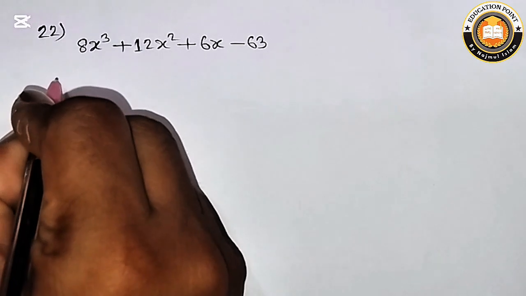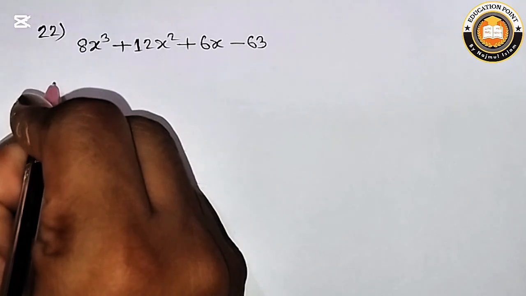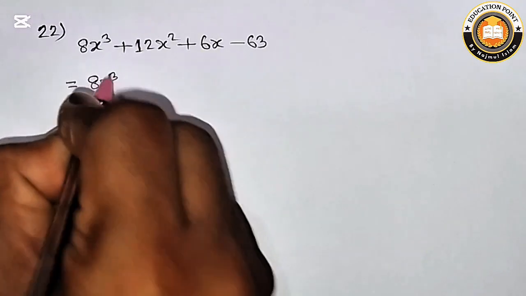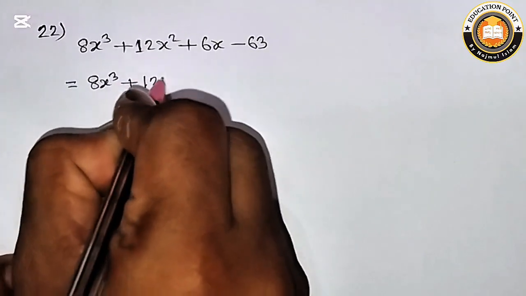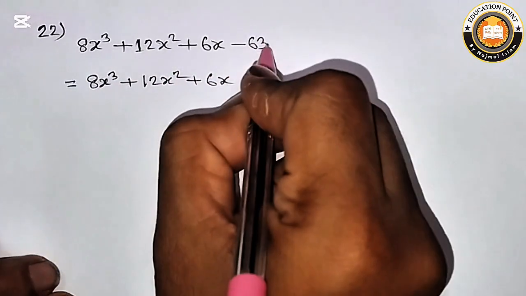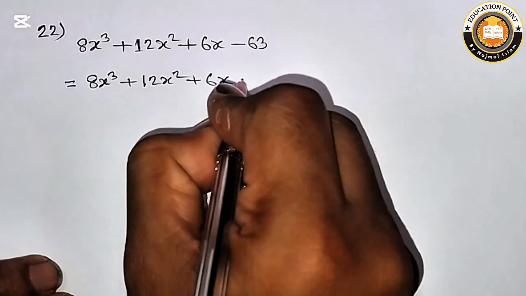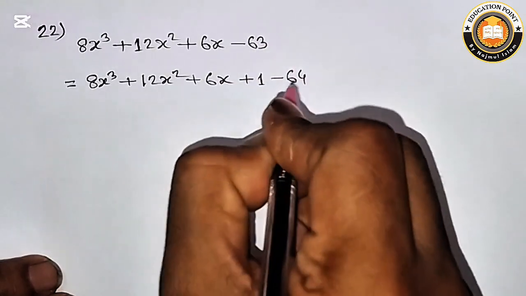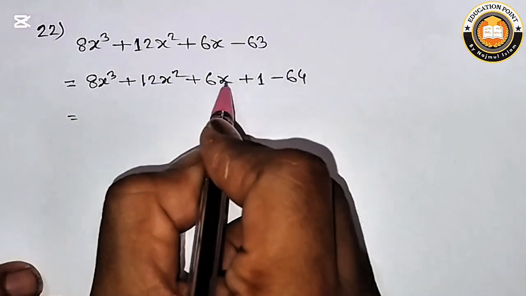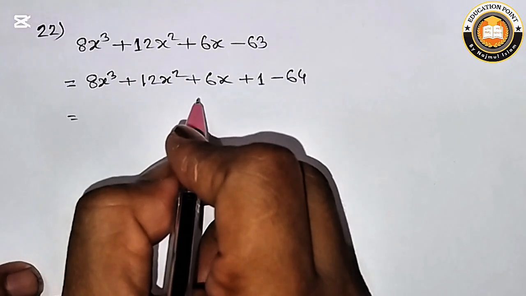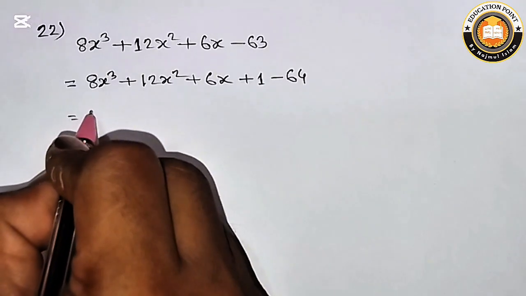Number 22, 8x cube plus 12x square plus 6x minus 63. 8x cube plus 12x square plus 6x minus 63 modify as plus 1 minus 64. First 4 terms we will try to apply the formula of (a plus b) whole cube.